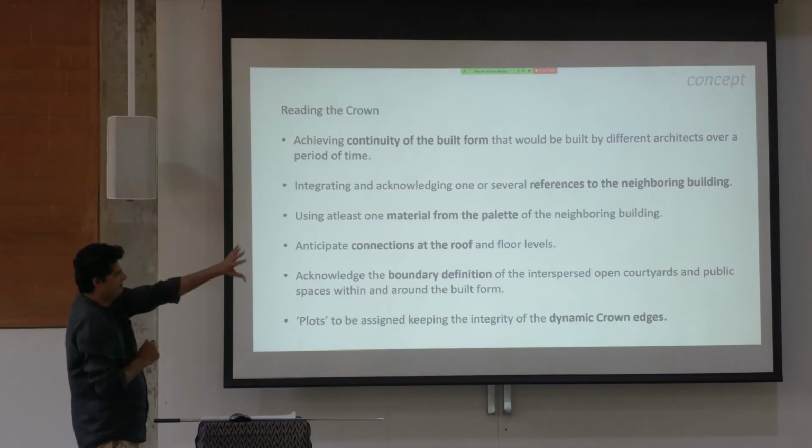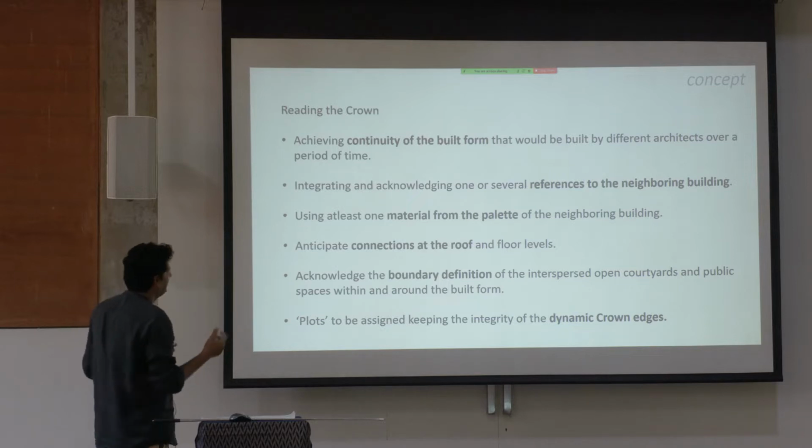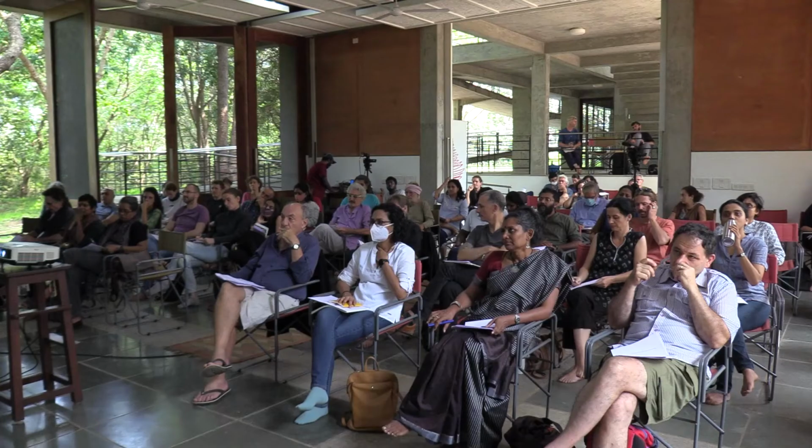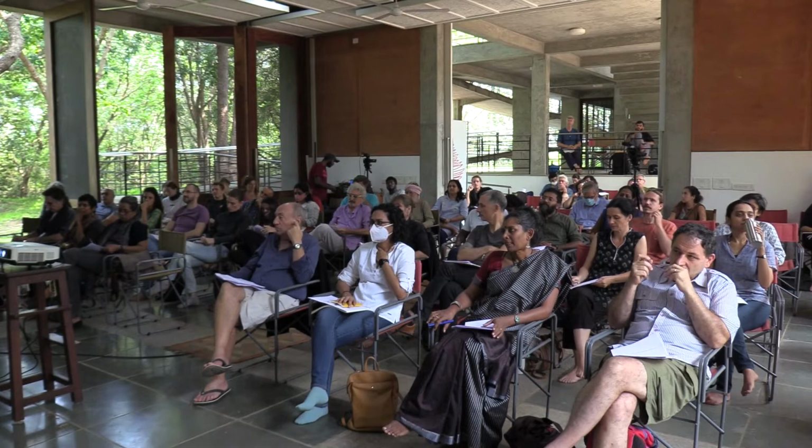But what would be more interesting is if you take a palette from one building and use it when designing something next to it. For example, this building has 3 materials as a palette. You need to take at least one of these when you do the neighboring building. Once you do that, you get a very cool variation which will automatically happen without really enforcing or giving a rule to somebody.